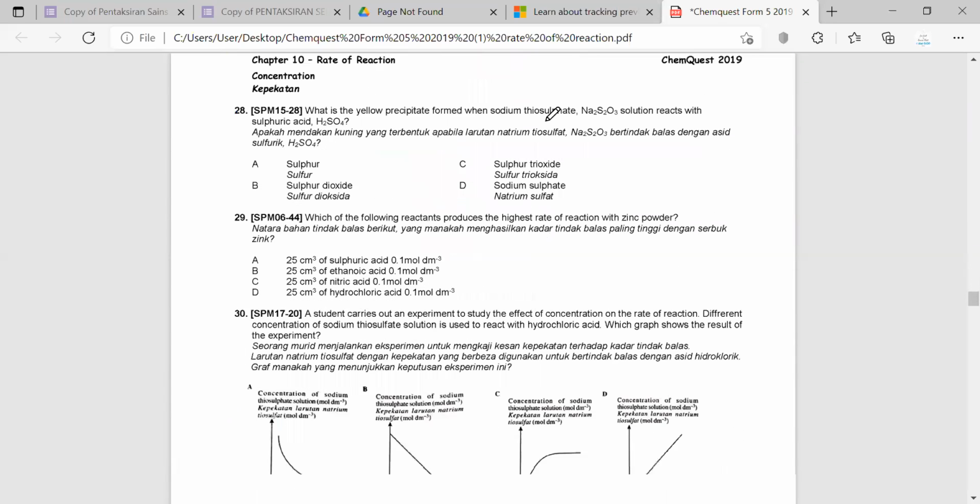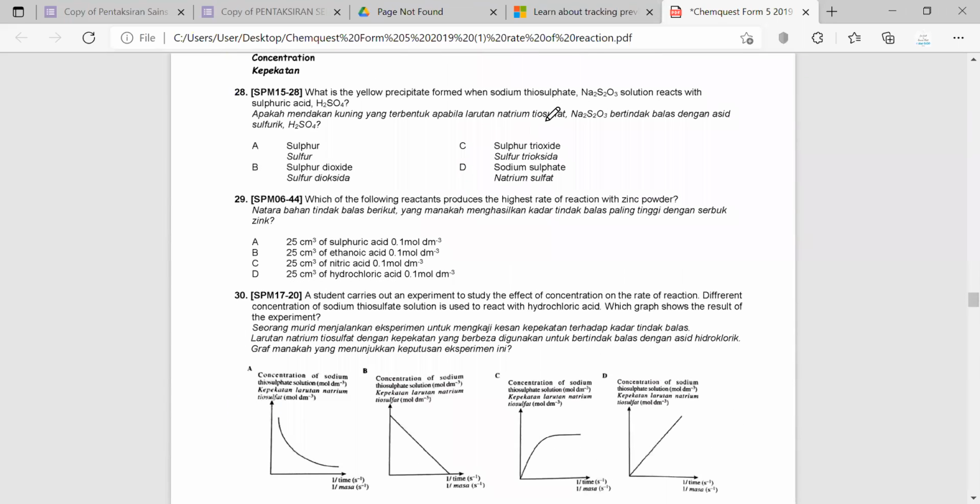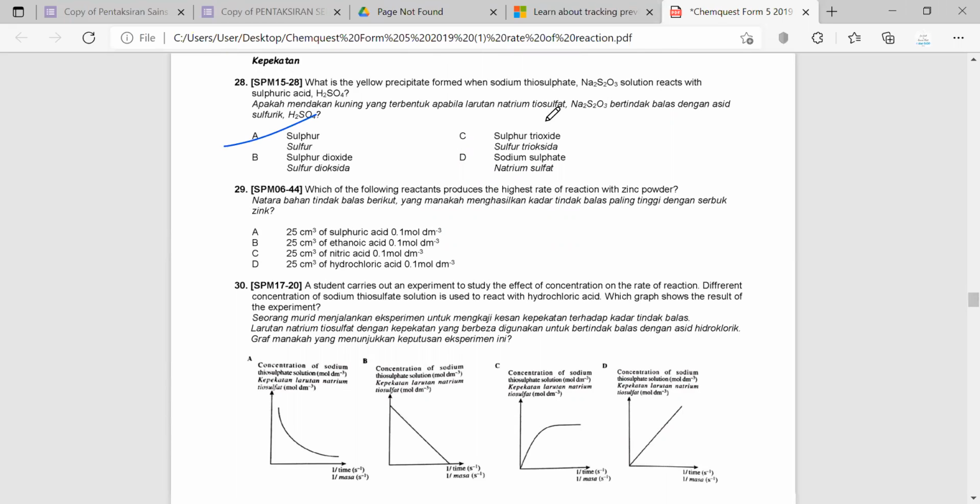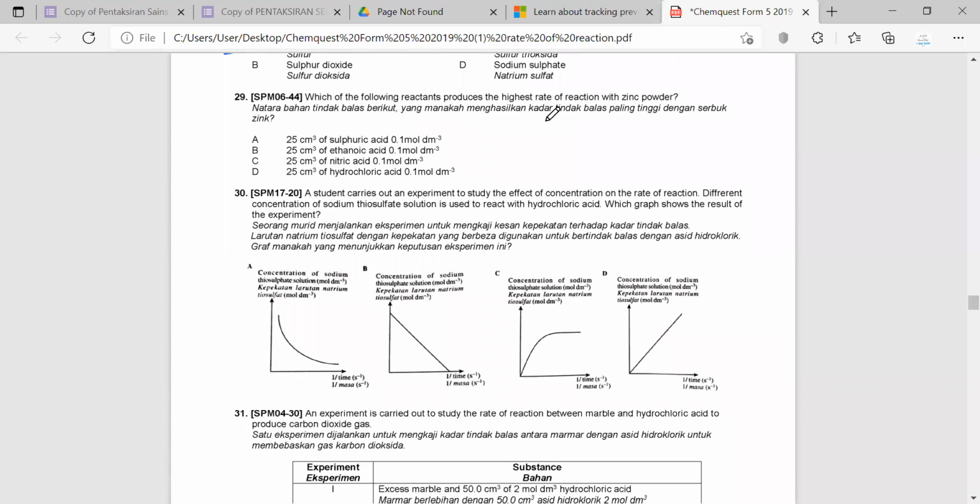Okay, very good. Okay, this one, you please don't tell me you don't know the answer. I'm going to shoot you. We just did it with y'all. Sulfur. Yes, correct, sulfur. A. All right, now this one also, if you think you can already know the answer, which one has the highest rate of reaction, the factor of concentration?